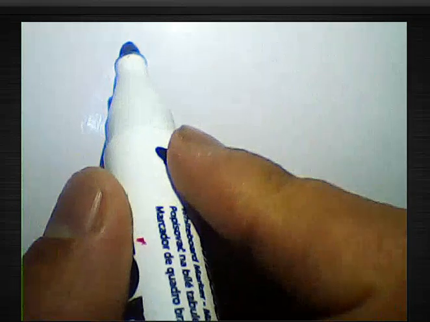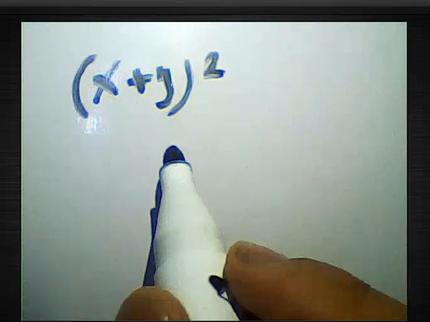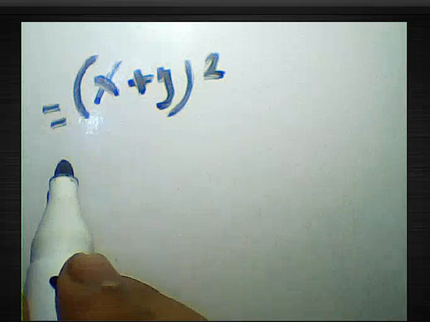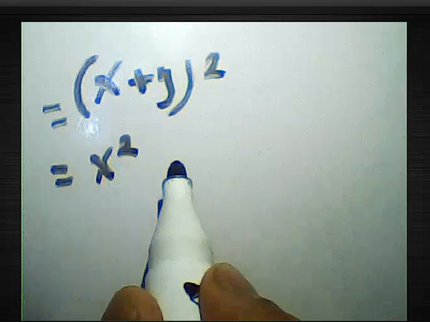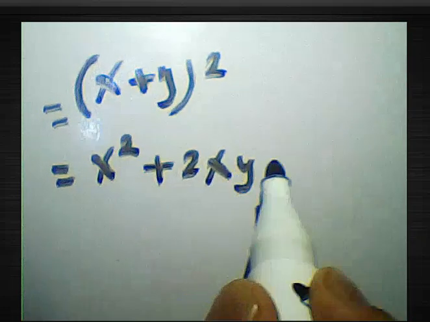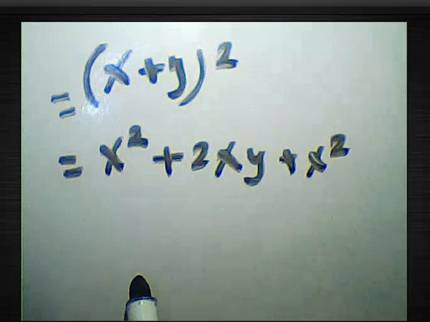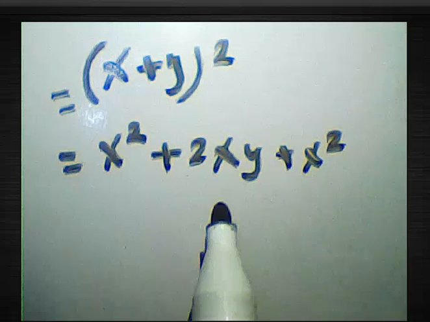We can solve this example here again. x plus y all power 2, we can write the result here. It will be x power 2 plus 2xy plus y power 2, and then cancel xy.